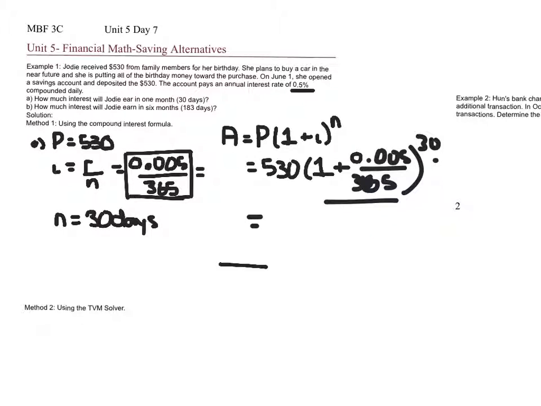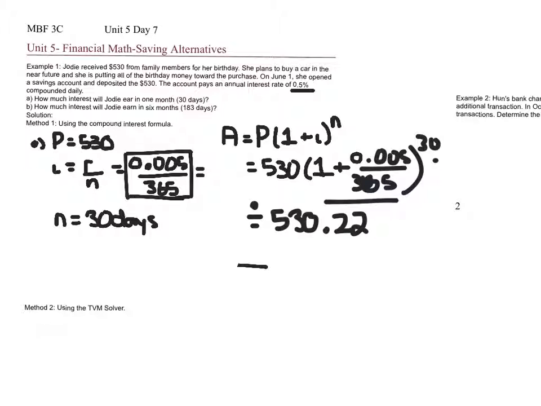And we find out that approximately, Jody would earn 22 cents essentially in interest with that daily interest rate over 30 days, to give you an idea. So not very good. Over the 30 days, it doesn't do a lot for anybody here.